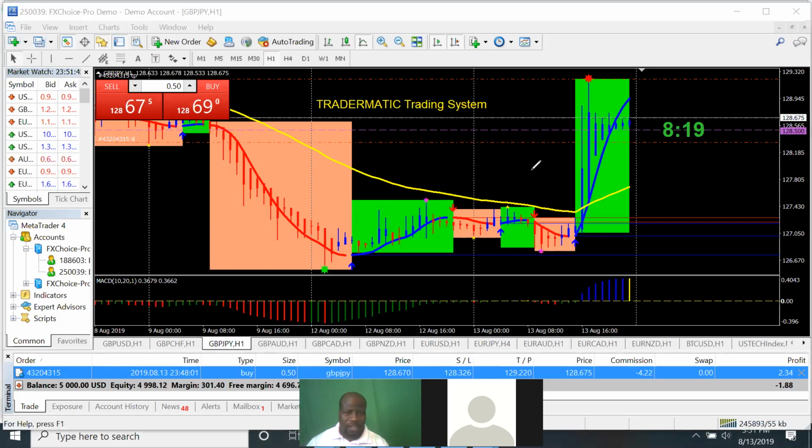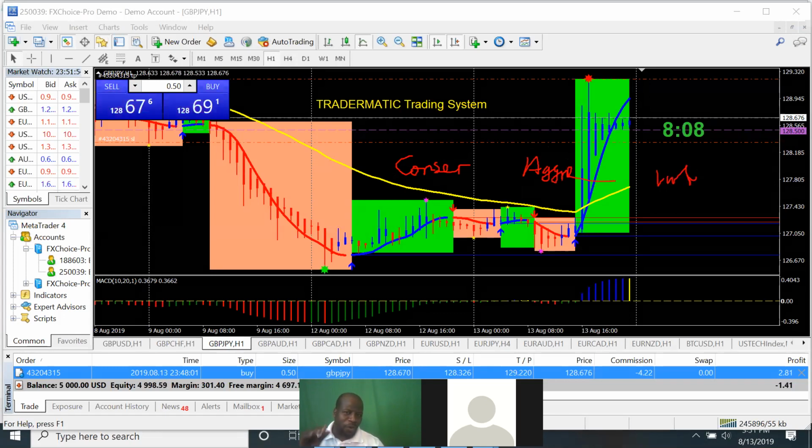We have 3 types of traders. We have those that we call conservative. We have those that we call aggressive. And we have those that are intermediate. They are in the middle, okay? If you're a conservative type, yes, it will be advisable, and I just introduced this concept, to wait for the price to go above 50, then go long, okay?